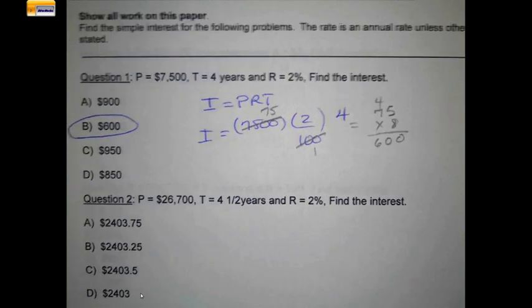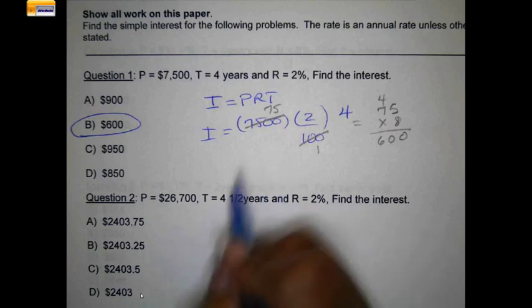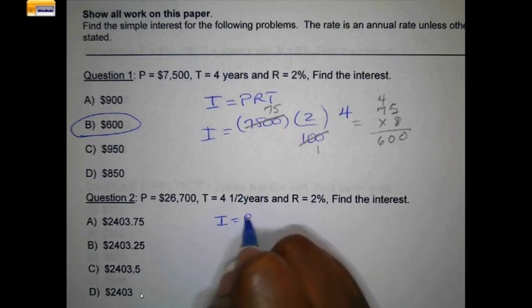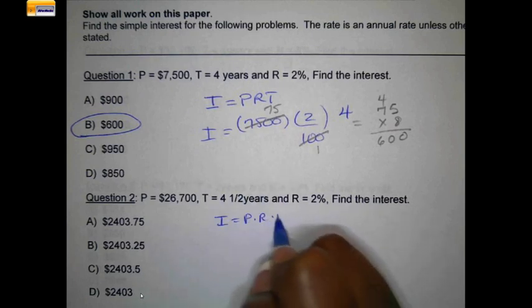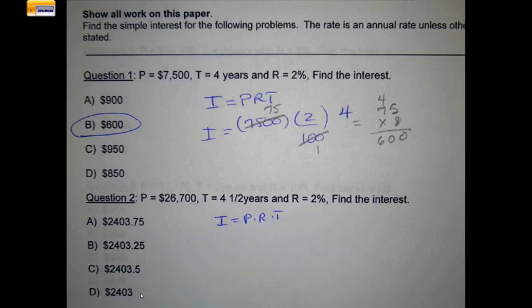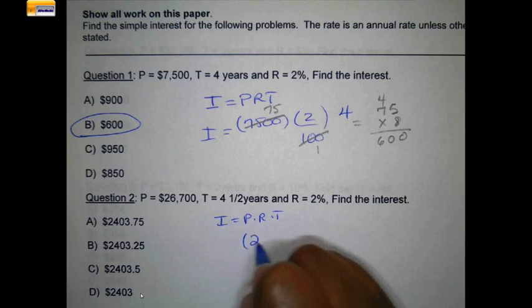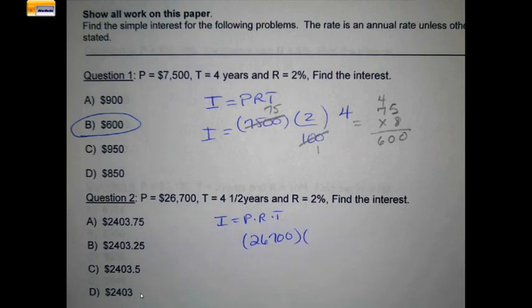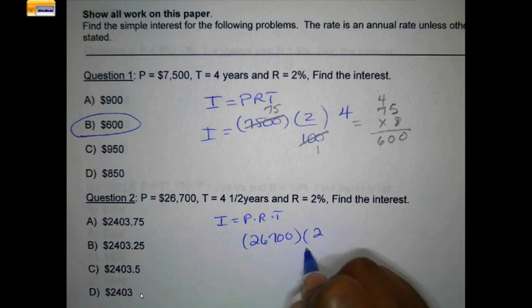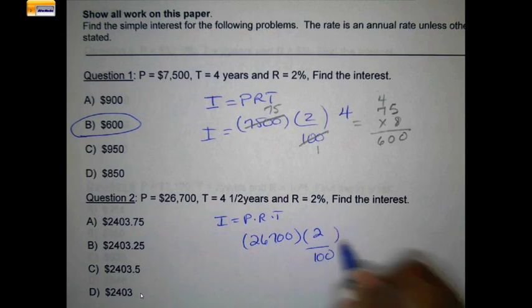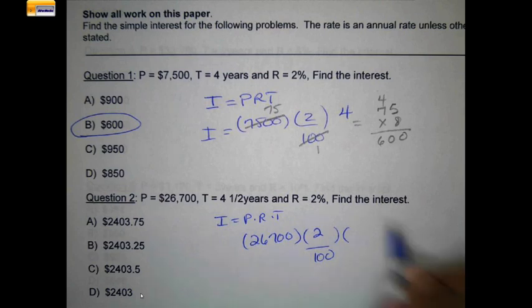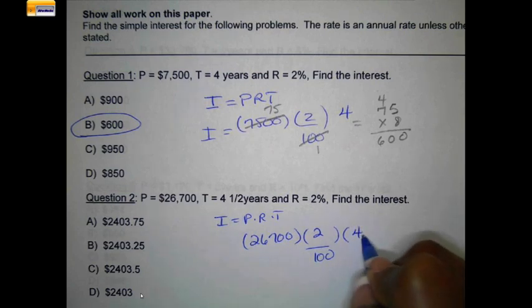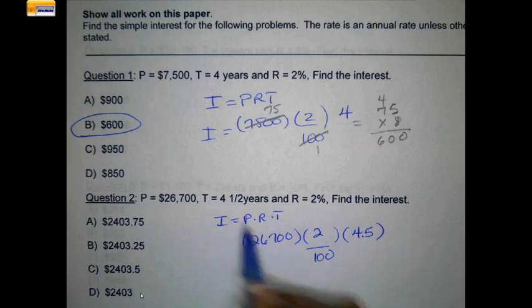On question 2, interest equals rate times principal times time. I have a principal of $26,700. I have a rate of 2%, and I have a time of 4.5 years.